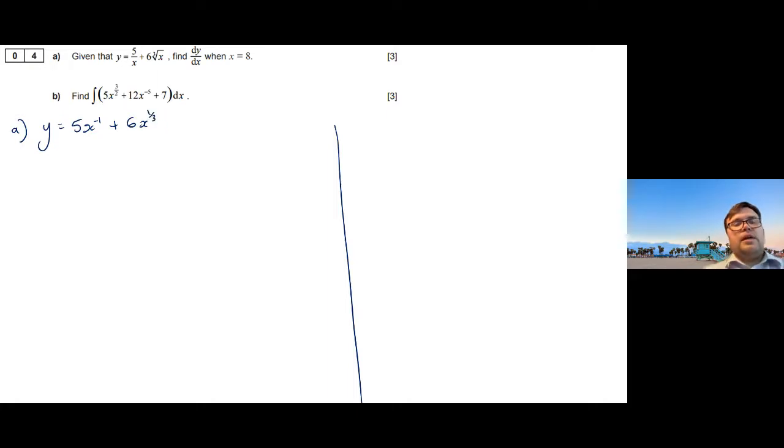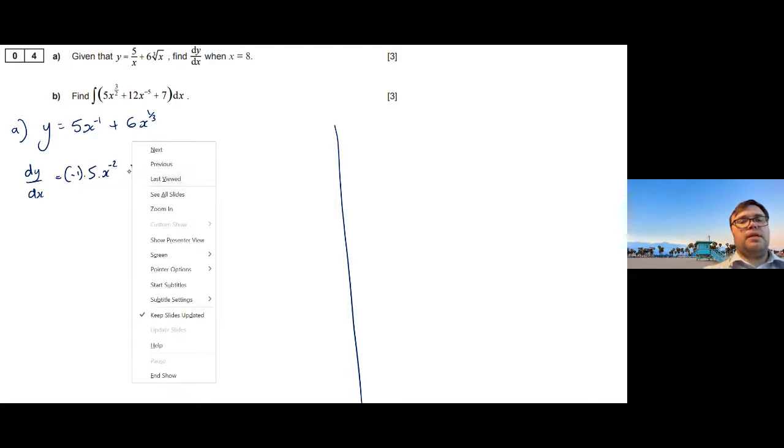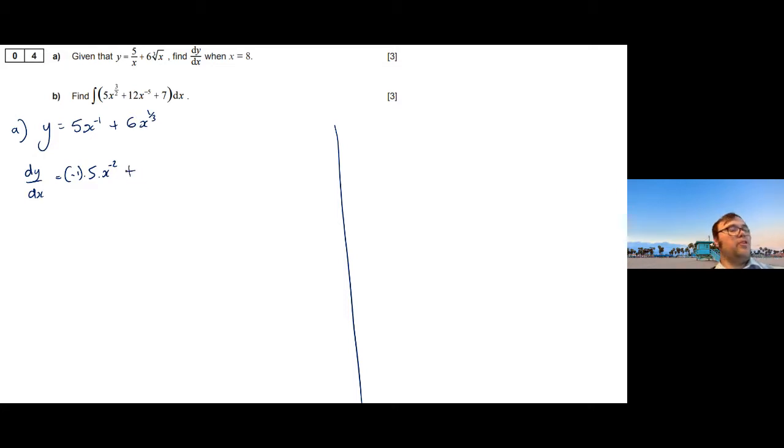Differentiate, so dy by dx, you are dropping the power and reducing the power by 1, so it's going to be minus 1 times 5x to the minus 2, plus then you've got 6x to the third.